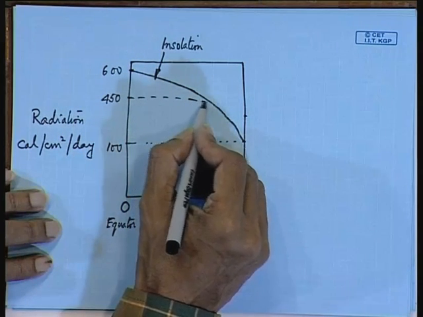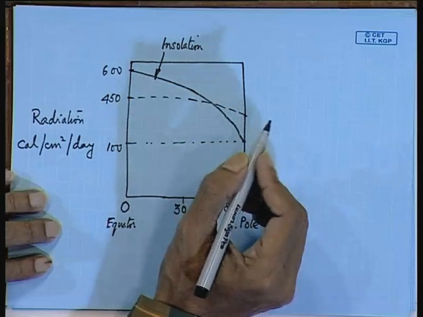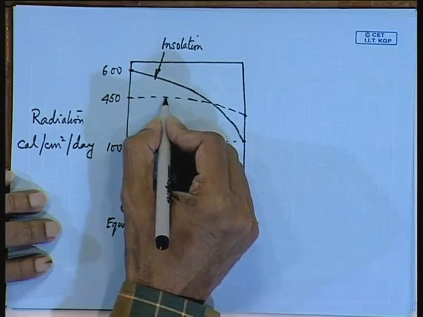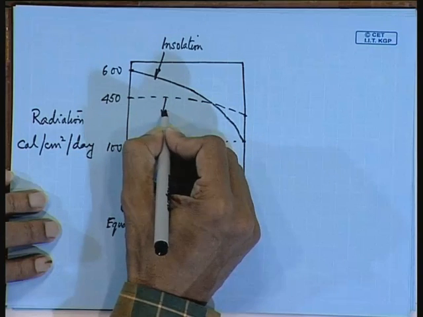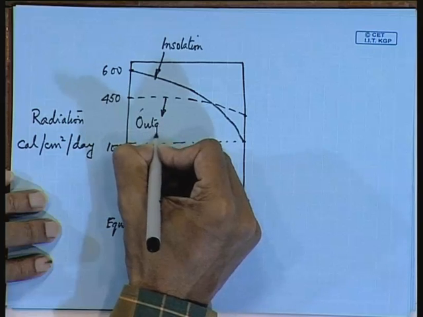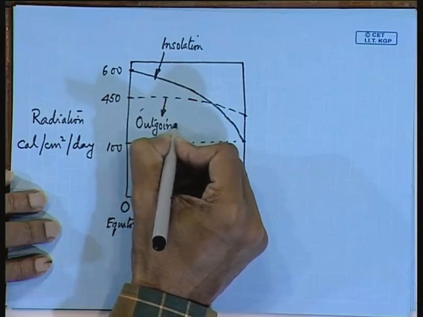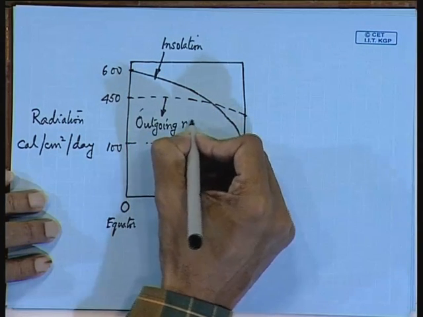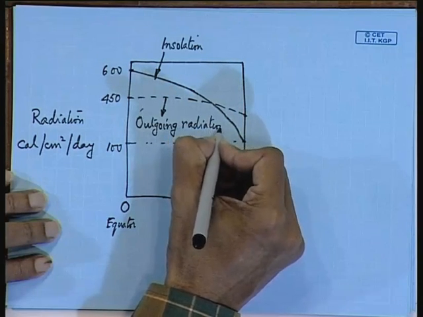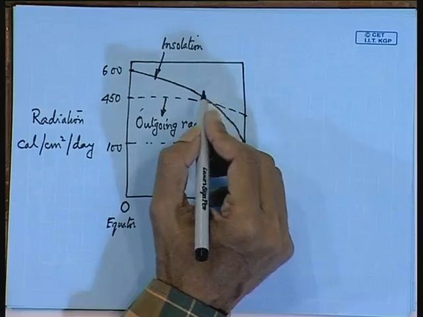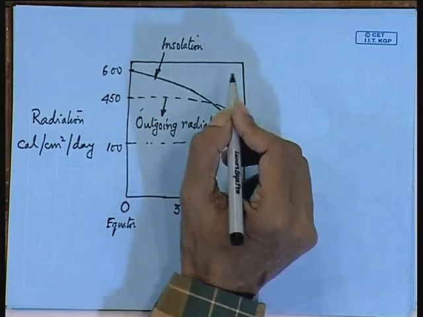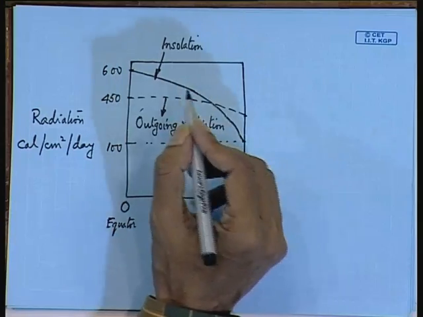Now, there is another graph that I have drawn, this dashed line. This is called outgoing radiation. So, insolation is incoming radiation, that is, you are absorbing heat from the sun, and outgoing is that which is going out.